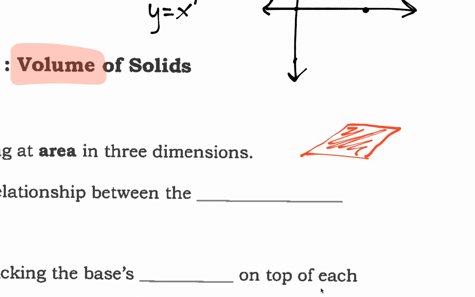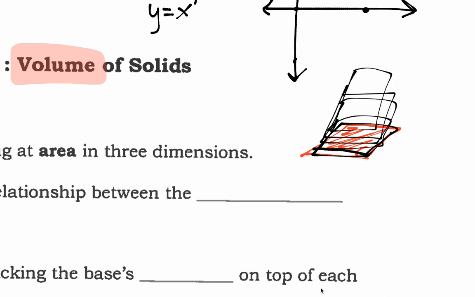And then I come and take another piece of paper and I stack it on top. And then I stack it on top again. And we keep stacking pieces of paper on top of itself. We now have taken a 2-dimensional rectangle and have turned it into a 3-dimensional stack of paper.